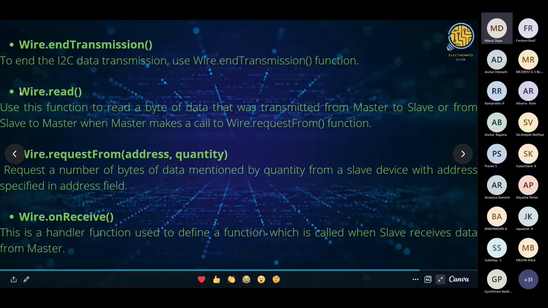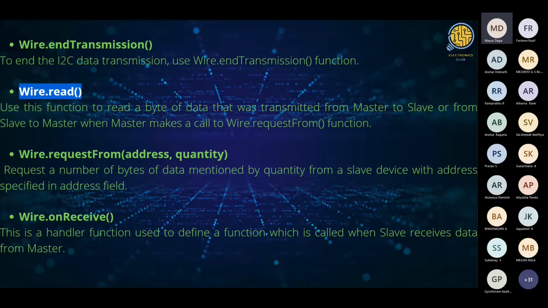And Wire.read is the same. If you want to write to the SDA pin, suppose you want to send some data from master to slave, then you should write in the master code Wire.write and the data you want to send, and in the slave you would write Wire.receive, and vice versa when it is reversed.